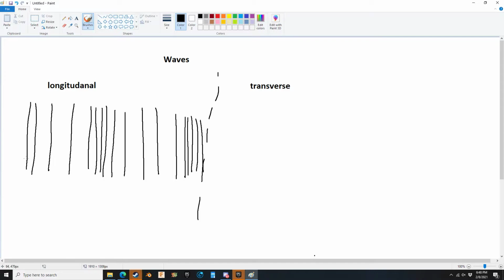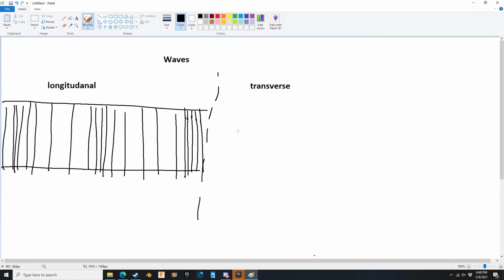And let me just make a couple more. By the way, these lines are all the same height. Pretend they're all the same height. I'm not very good at drawing with this.